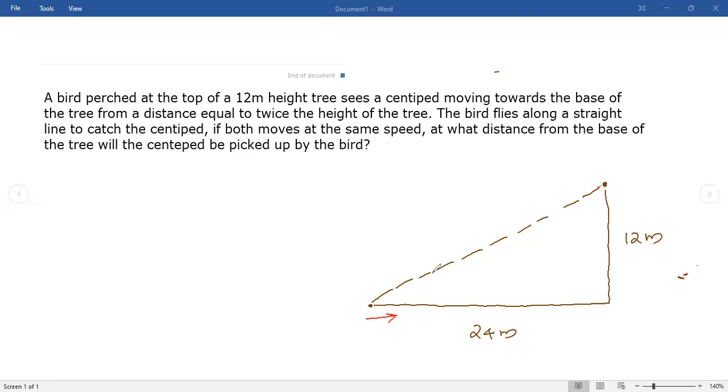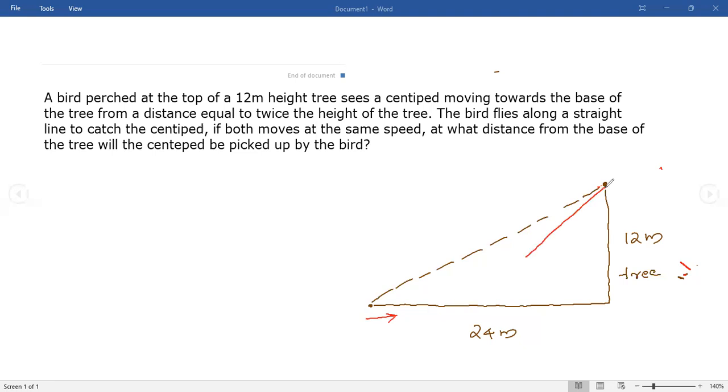No, sir. No, because the centipede is moving towards the tree, right? This is a tree. Here it is a centipede, and the centipede is moving towards the tree. So the bird has to calculate the movement of the centipede, and it will be moving in another line.